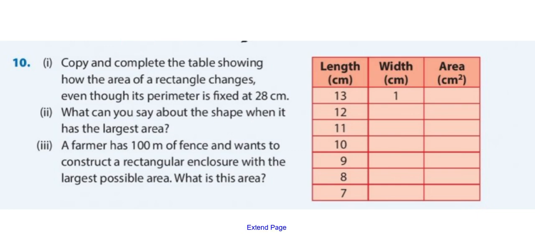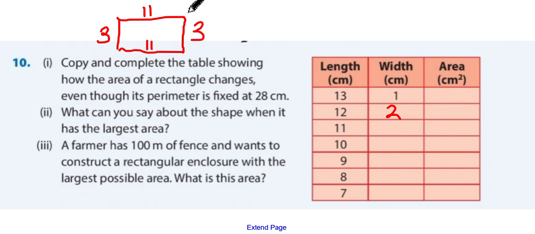I think the next one's going to be 3 and 11, because what happens when I add up all 4 sides? 28. I think the gist is, if you take 1 away, you have to add 1. So 10, 4, 9, 5, 8, 6, 7 and 7.